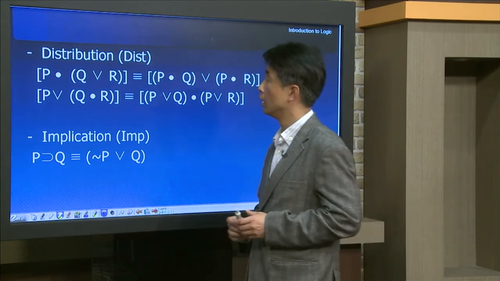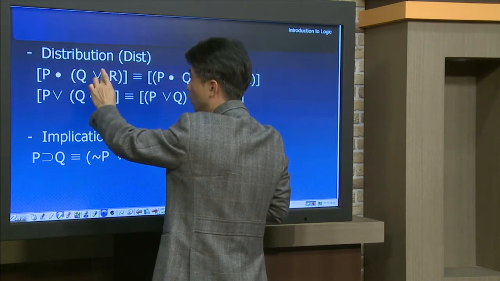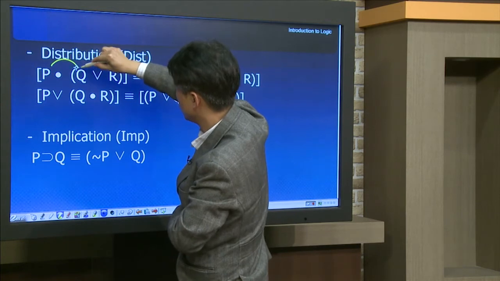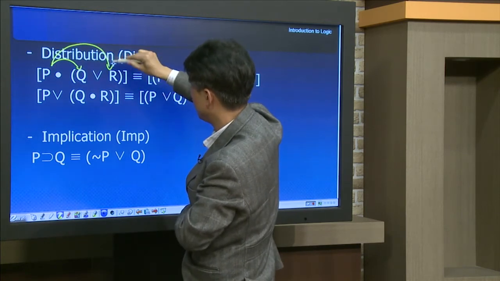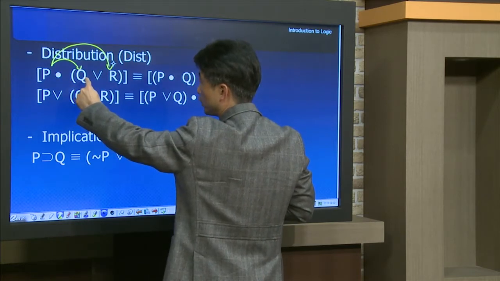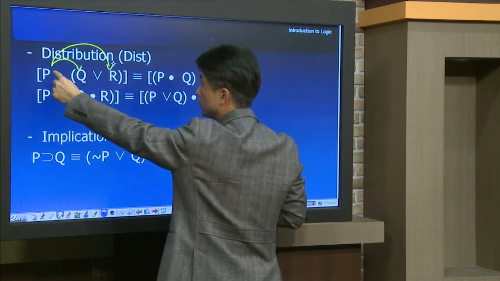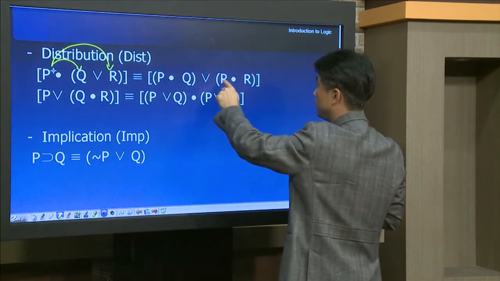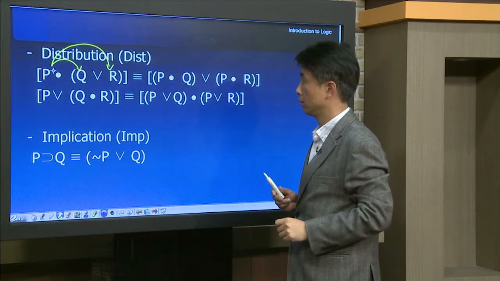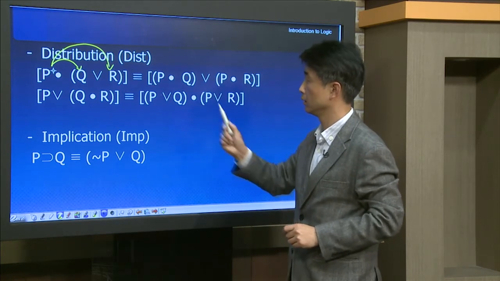Distribution. You distribute. When you have and or, or and, you can distribute P to Q and P to R. So you distribute P to Q and have P dot Q, and you distribute P to R and have P dot R. Watch out for the connectives here.